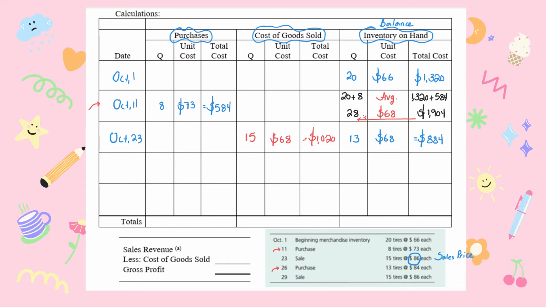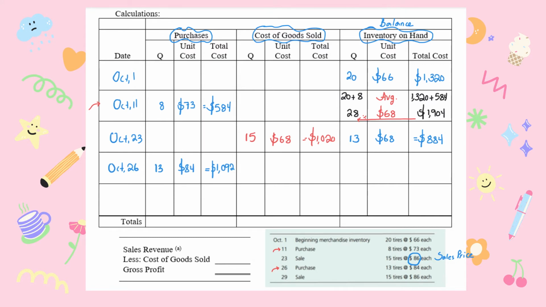Now on October 26th, we had another purchase of 13 units at 84 each. So 13 times 84, it's gonna be 1092.